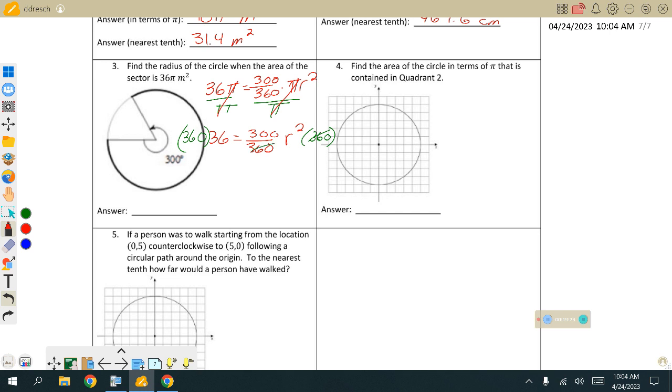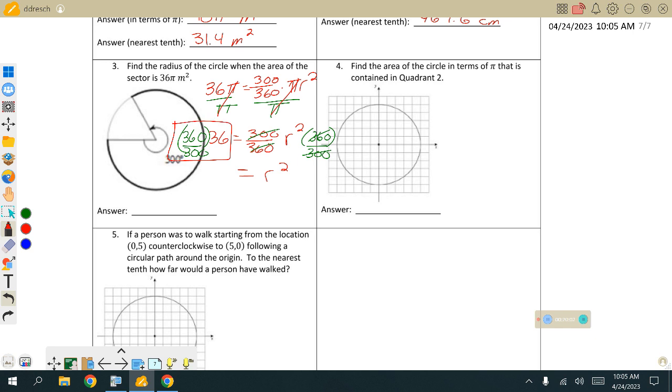But let's also do this at the same time. Now we have 300 times. What's the inverse of 300 times? Division. So we're going to also divide by 300. And what happens to those 300s? It's going to cancel out the multiplication. And what we end up with is r squared here, and this is going to go into my calculator.